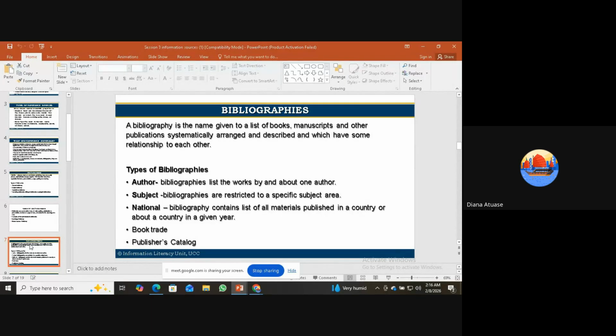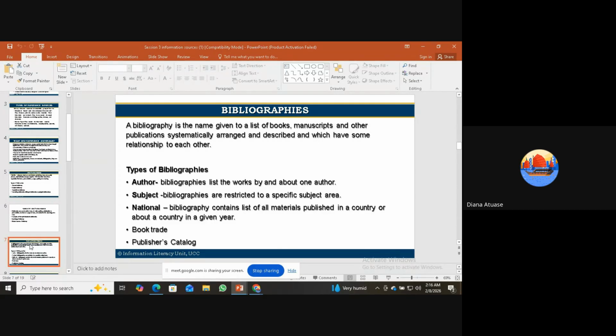It can be by authors, it can be by subject areas. So any list of publications by authors or based on titles of their publications, they're all bibliographies. And most bibliographies are arranged alphabetically.